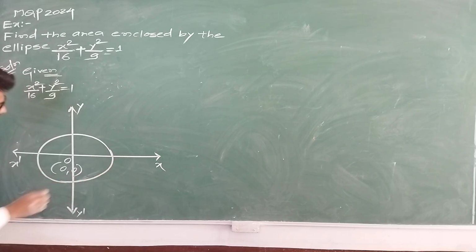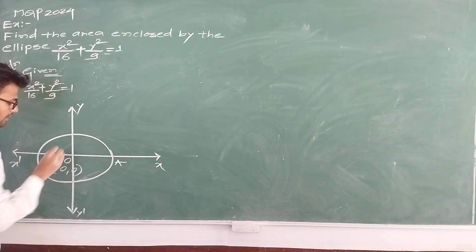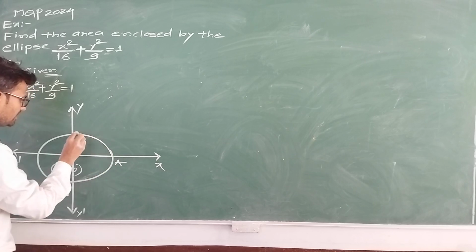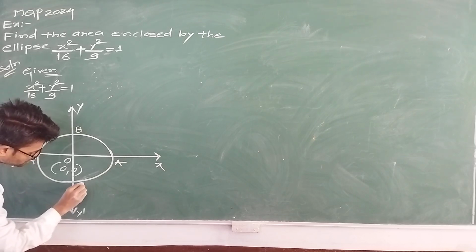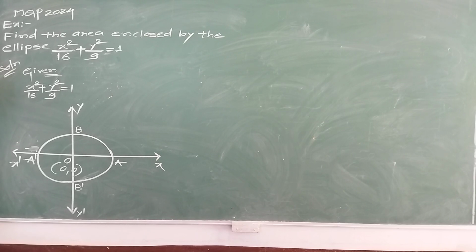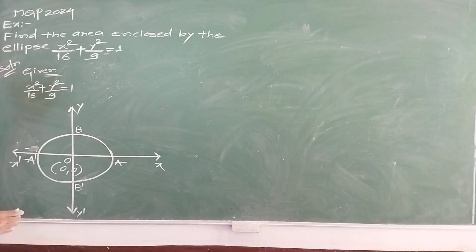This elliptic curve intersects the x axis at the point A, and this is B, and this one is A dash, and this is B dash. Now it is required to find the coordinates of A, B, A dash, and B dash.